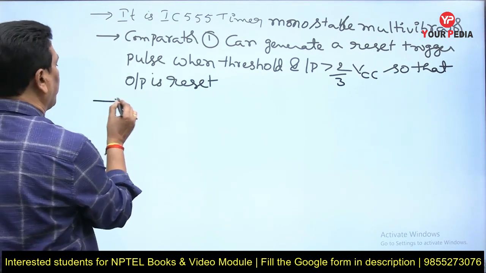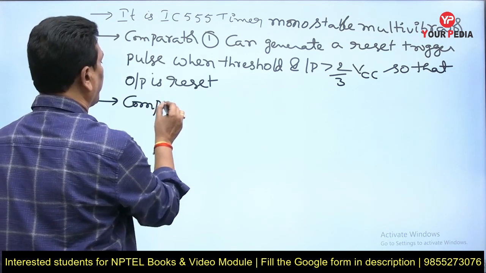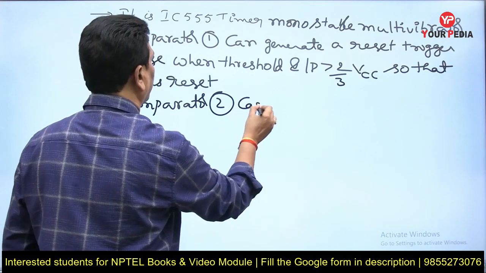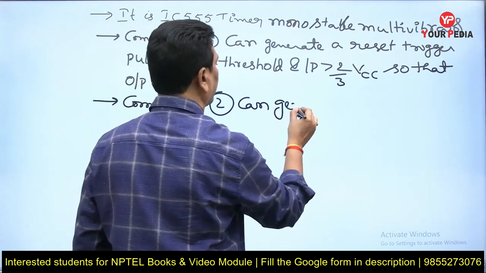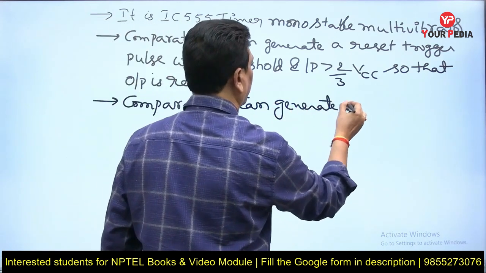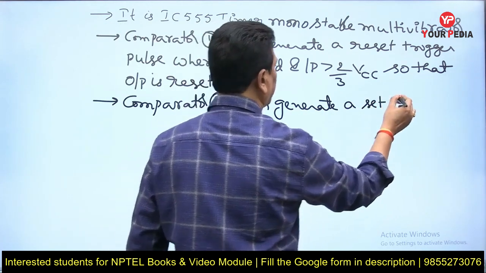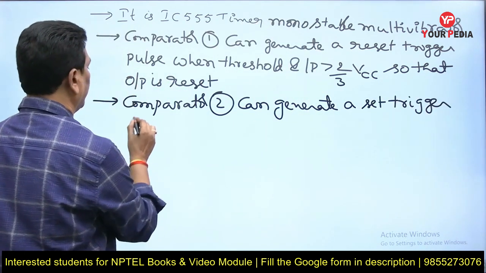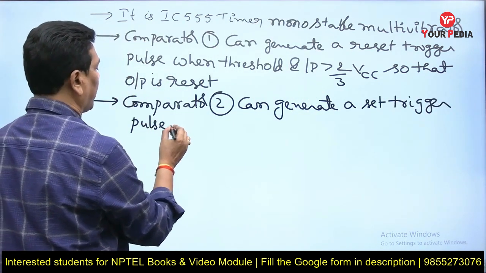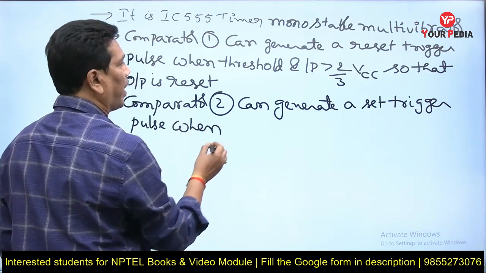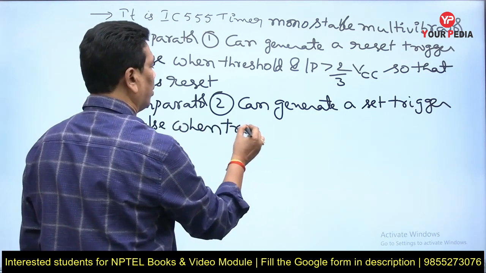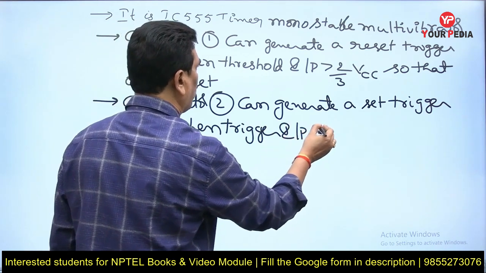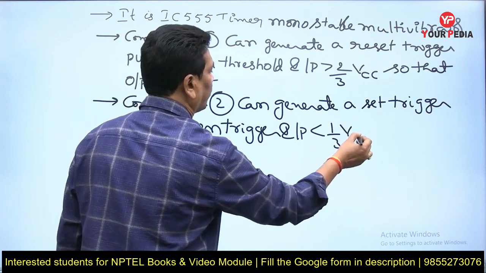Whereas comparator 2, which has the trigger input in our diagram, can generate a set trigger pulse when the trigger input comes below 1/3 VCC.